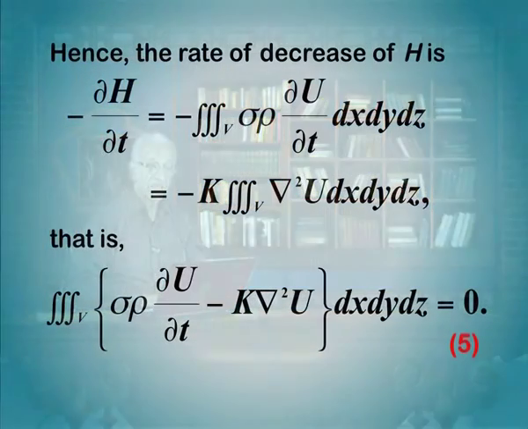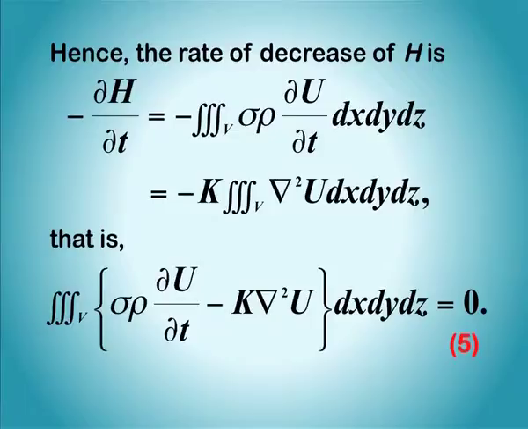Need not explain these two terms, specific heat and density. Hence, the rate of decrease of H, that means with respect to the time, will have a partial differentiation, minus dH/dt equals minus triple integral V.